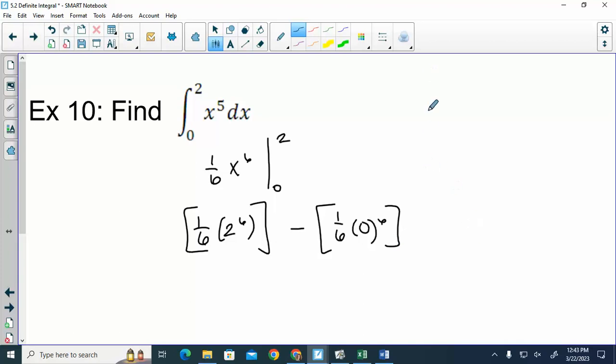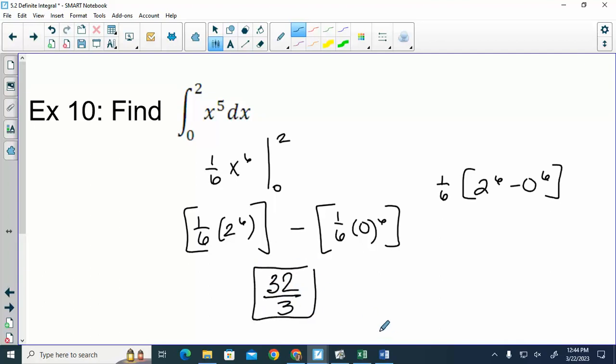Another way to think about that, guys, you're welcome to just pull out that 1/6 since it's a coefficient, and then just do 2 to the sixth minus 0 to the sixth, and then multiply it by 1/6. Either way, you get 64/6, so 32/3. We good with that one?